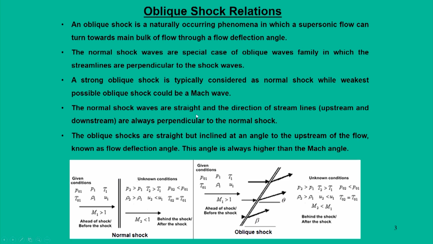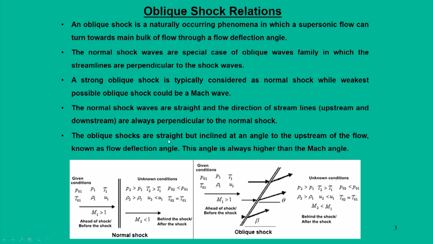Hence, a strong oblique shock qualifies to be a normal shock, whereas the weakest possible oblique shock could be a Mach wave, because the Mach wave is the initiation of the compression events. When the Mach wave starts forming, it indicates that the compression waves are going to be stronger and stronger, and they will be termed an oblique shock.